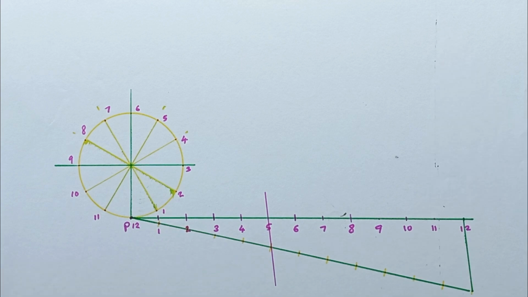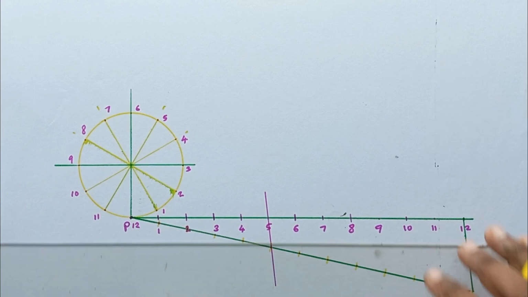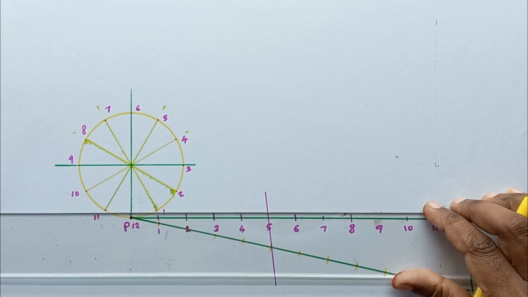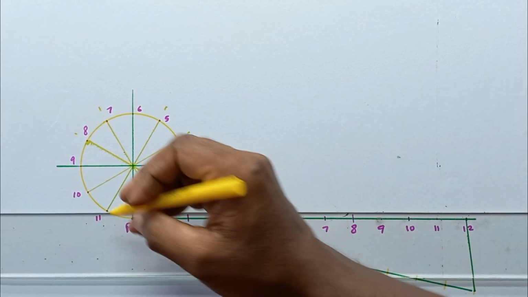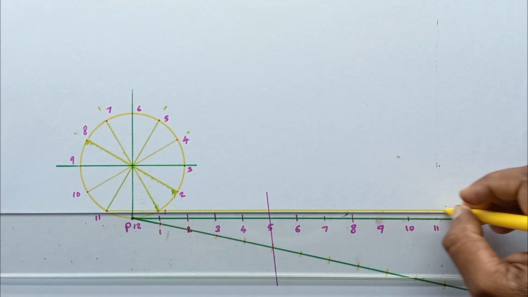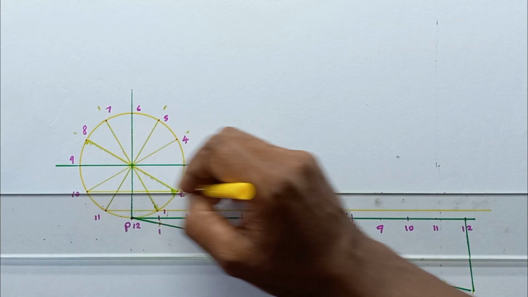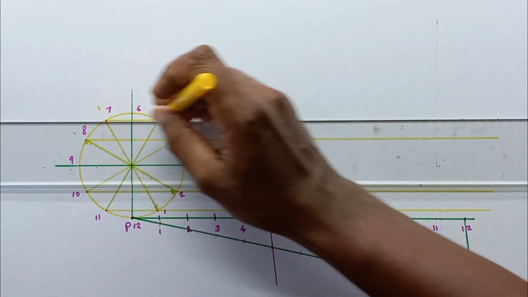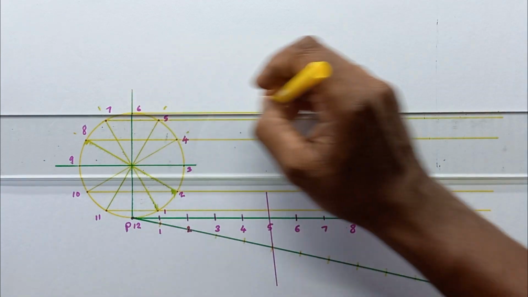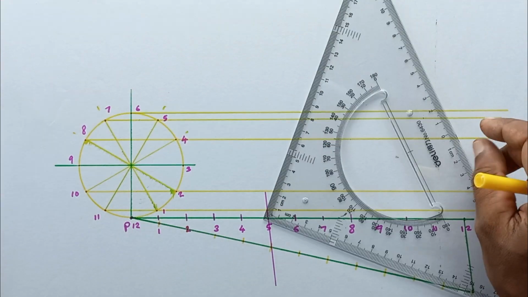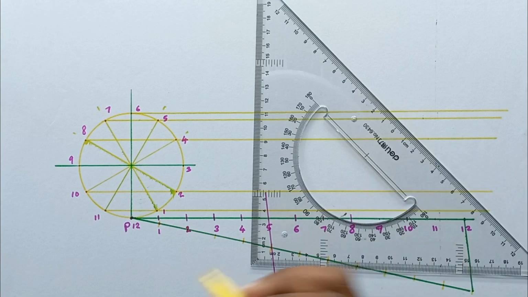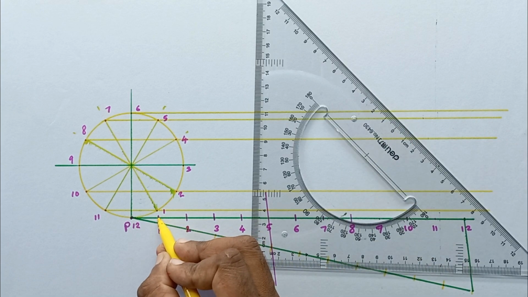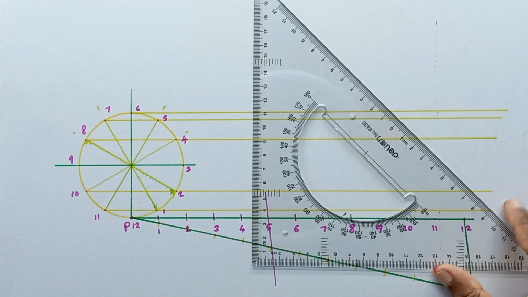Okay, then next step, you have to draw the horizontal lines passing through these points like this. Then next step, you are going to draw the vertical lines from these points 1, 2, 3 and up to 12.